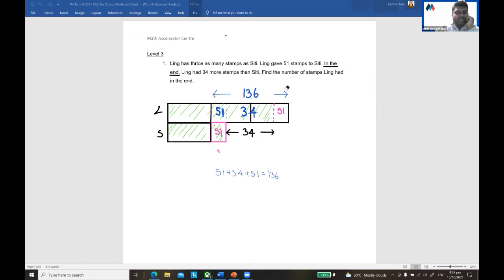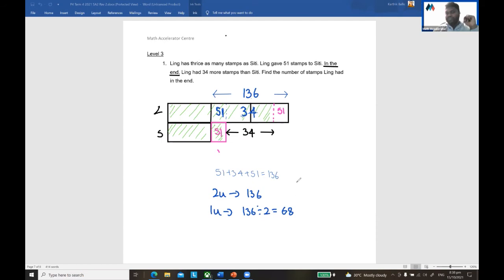Yep, very good. So 2 units is 136. So go and find out for 1 unit. 1 unit is 136 divided by 2. You get 68.